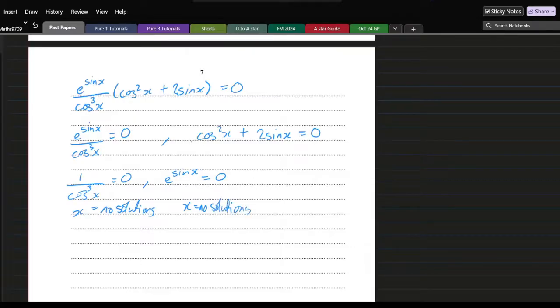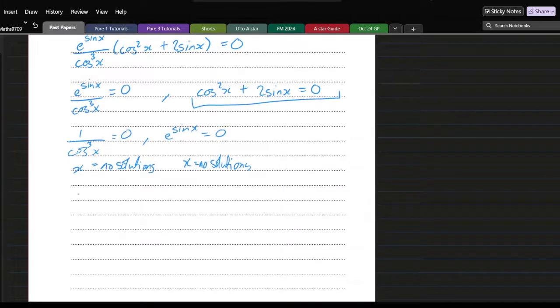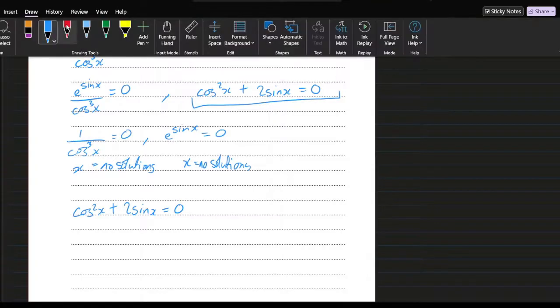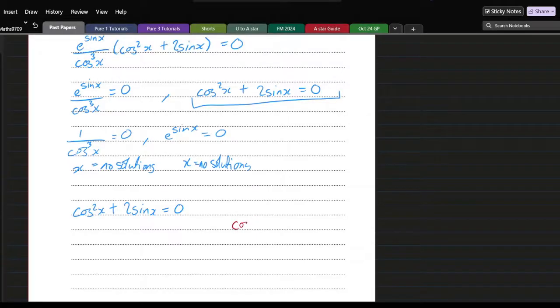Which leaves us with only one equation, which is cos squared x plus 2 sine x is equal to 0. Now for this, we can actually simplify this into a 3-term quadratic in sine x, and we can do that by using the identity cos squared x is identical to 1 minus sine squared x.